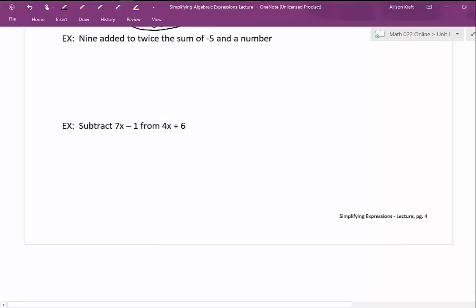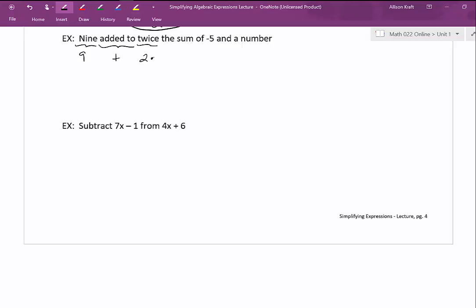Nine added to twice the sum of negative 5 and a number. We have the number 9. Added to means addition. Now we have twice the sum of negative 5 and a number. We know that twice means 2 times, but what we need to multiply by 2 is a sum.